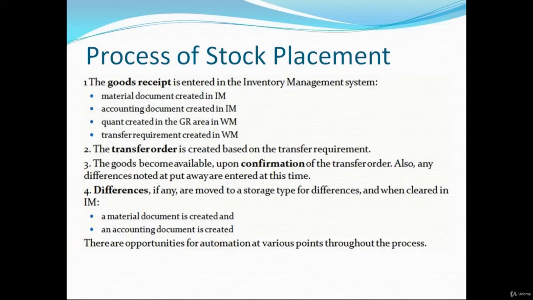So differences means that the purchase order might be created for 100 quantities, but the vendor might have sent only 90. The goods receipt person will not be checking the materials; as the goods receipt happens against the purchase order, the receiving plant will directly specify that they have received 100 quantity.